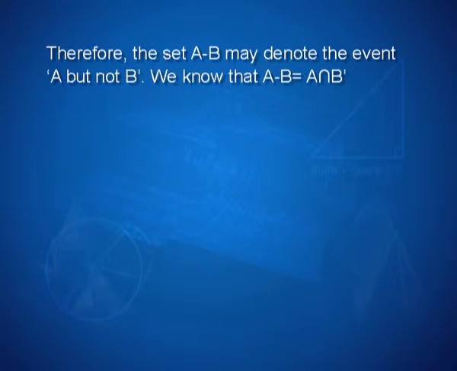Therefore, the set A minus B may denote the event A but not B. We know that A minus B is equal to A intersection B complement.